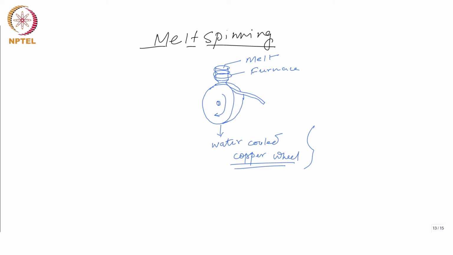Okay. So, once it is solidified on the wheel, it immediately gets thrown off due to the centrifugal force in the form of a thin ribbon. Which has a thickness of 25 to 100 microns.